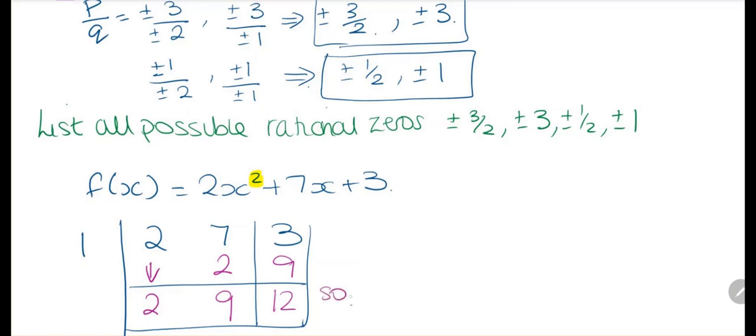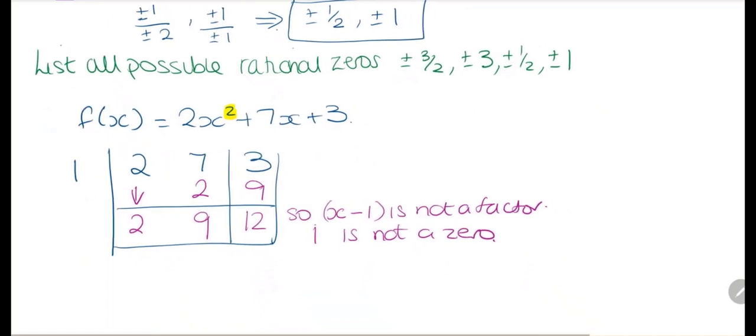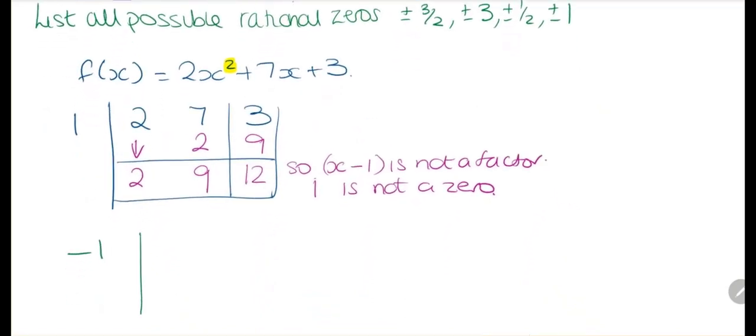So x minus 1 is not a factor. So that means 1 is not a 0. So I'm going to try minus 1. So 2, 7 and 3.